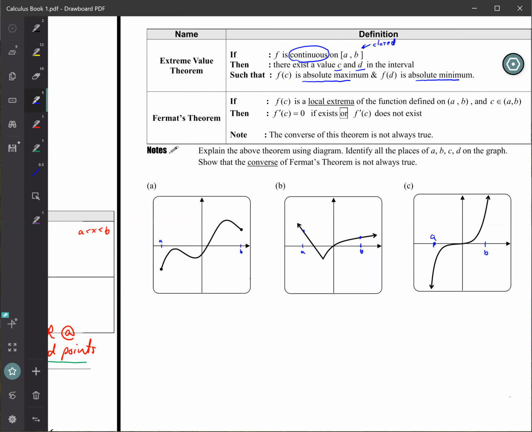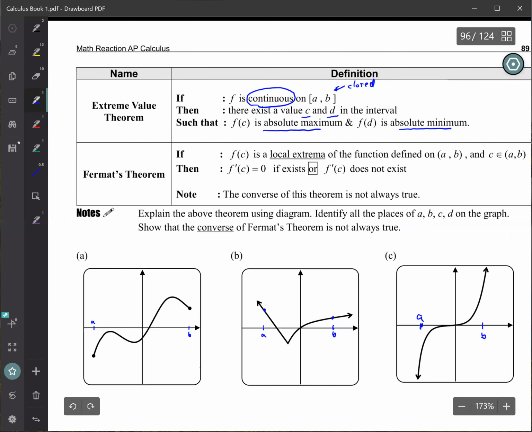So in simple words, f continuous on [a, b] means guaranteed to have absolute extrema.